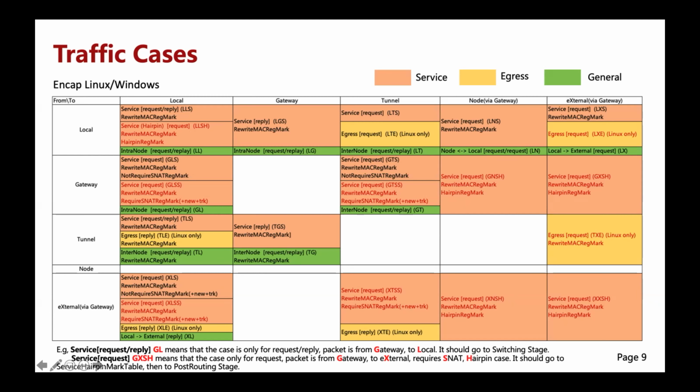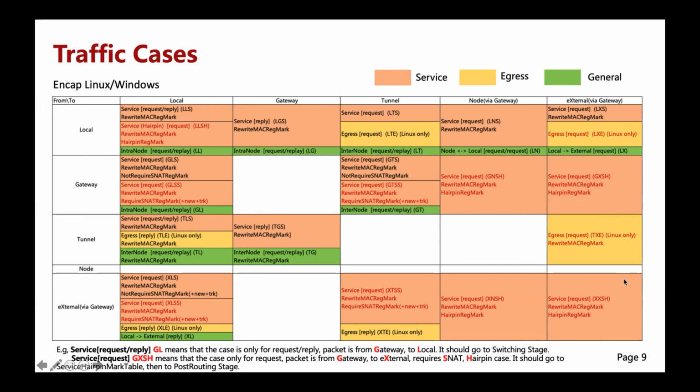Like this one, DNAT. Okay, this one. This means that the packet is from gateway and its destination is external, like a NodePort or load balancer. Its client is from out of cluster, and its endpoint is a host network endpoint.